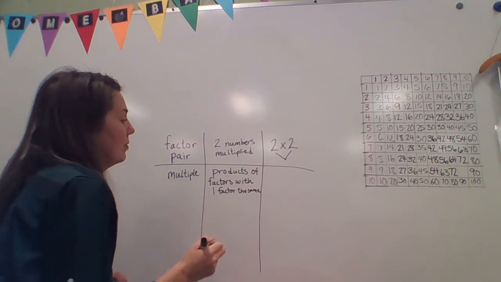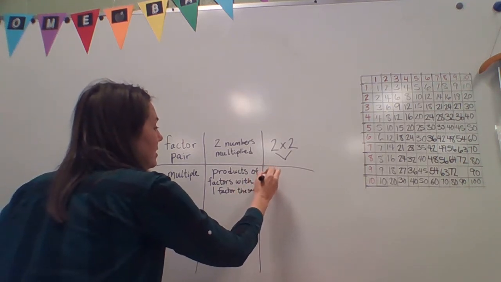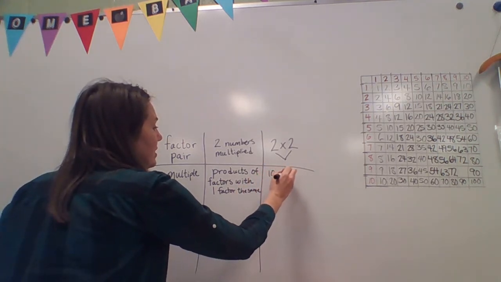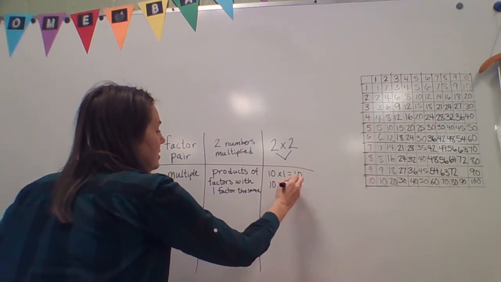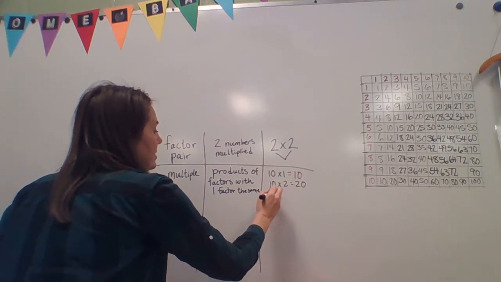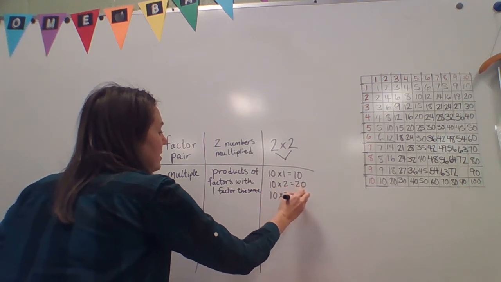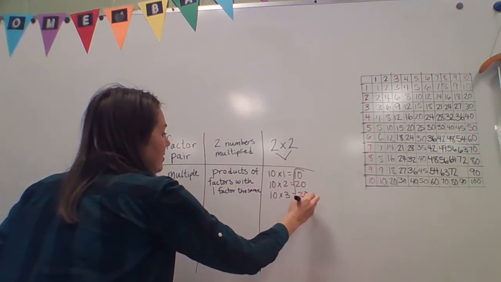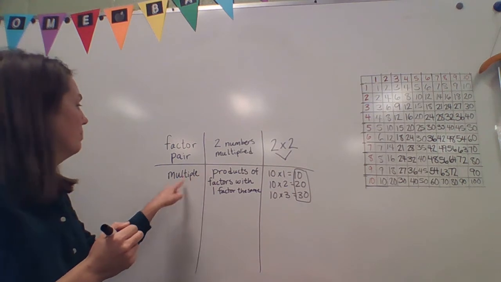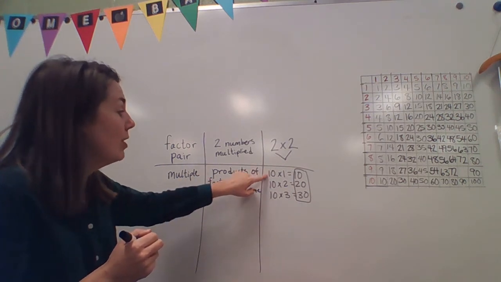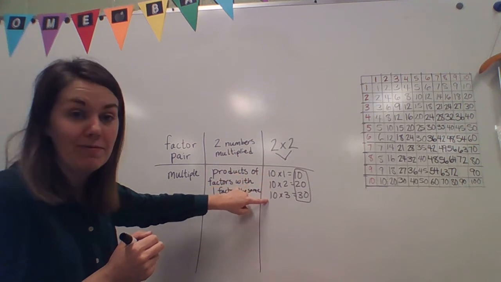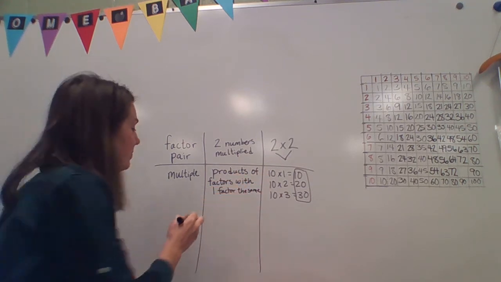So for example, when we said we had multiples of 10, 10 times 1 is 10, 10 times 2 is 20, 10 times 3 is 30. 10, 20, and 30 would all be multiples of 10. They are all the products of factors with one factor that's the same, and that one factor that's the same is 10.